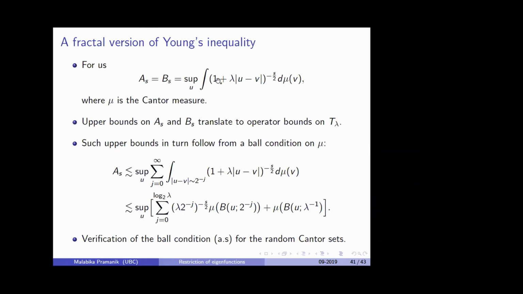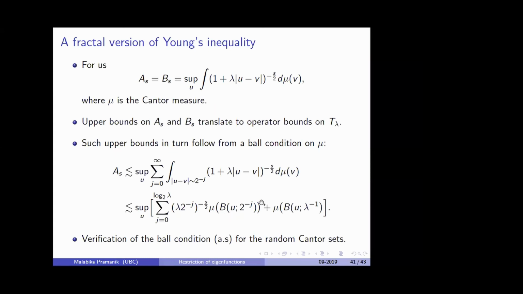I'm reminding you what A sub s and B sub s are. In our context, we do this by decomposing the integral into dyadic pieces depending on the size of the integrand. And now you see why this brings in the ball condition in a very natural way, since the integral is really an interplay of two components, the size of the ball and the size of the integrand on the ball.